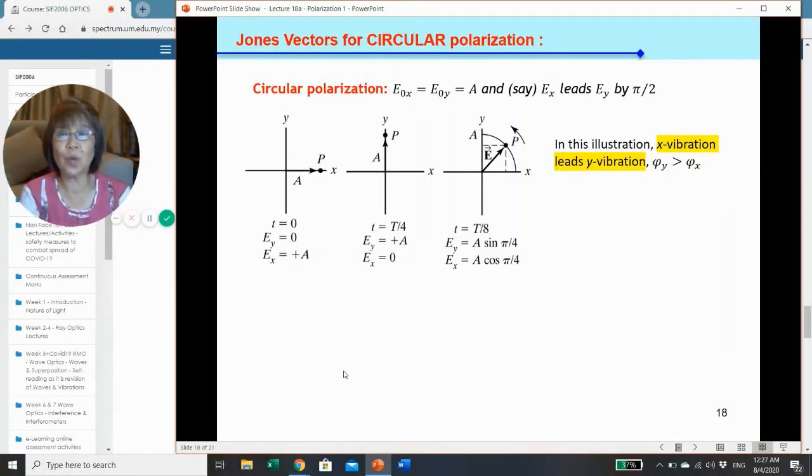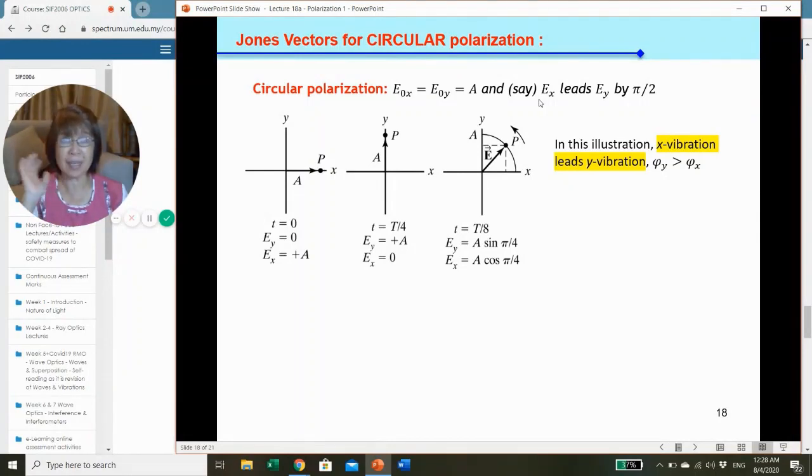Next, we are going to work out Jones vectors for circular polarization. For circular polarization, the two orthogonal EM plane waves have the same amplitude, E0x and E0y, but they have a relative phase between them of pi over 2.